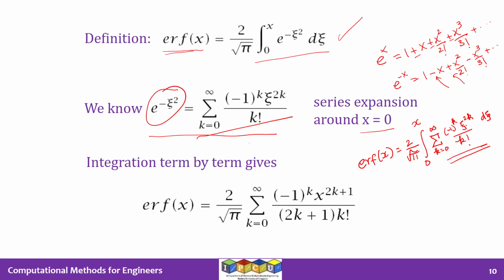When I do that, I integrate term by term. The right hand side will become this. So when I proceed with this integration, I'm going to get 2 by root pi, then integral from 0 to x, 1 minus psi squared plus psi to the power of 4 by 2 factorial minus psi to the power of 6 by 3 factorial, etc., d psi.